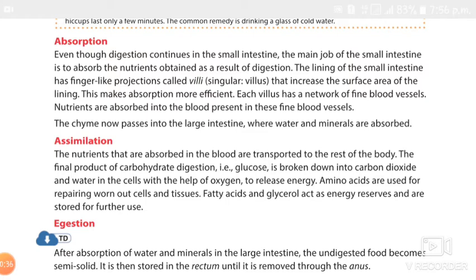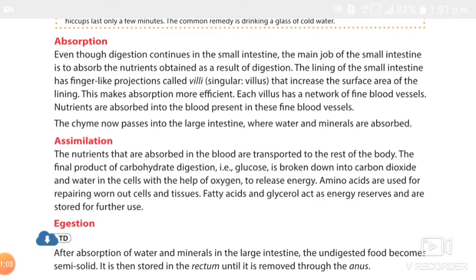These villi increase the surface area of the lining and make absorption more efficient. Each villus has a network of thin, small blood vessels, which enable the nutrients present in the digested food to be absorbed and enter the bloodstream.